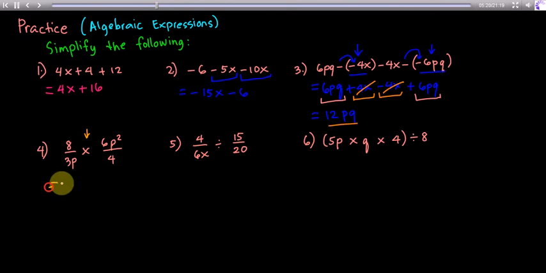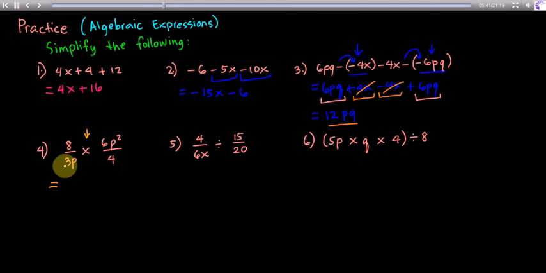Alright, let's begin. We have 8 times 6p squared. Well, this is kind of a big number, and there's another way to make it shorter. We can reduce first, then multiply.